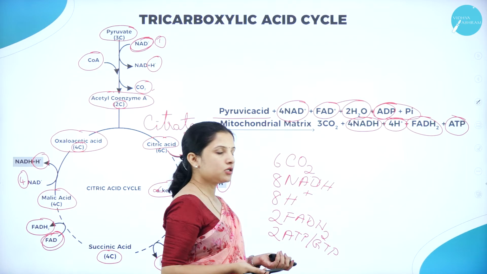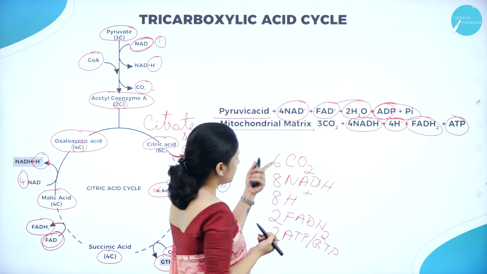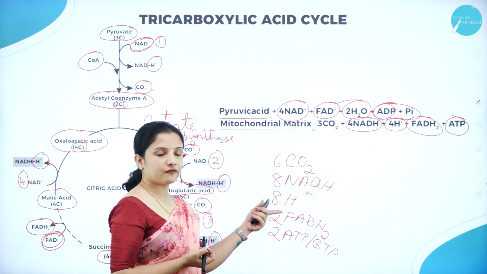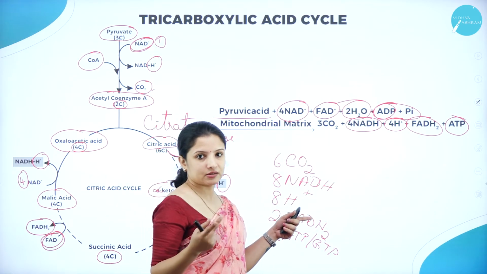Either ATP or GTP. So much is released once the 2 cycles of the Krebs cycle are finished.